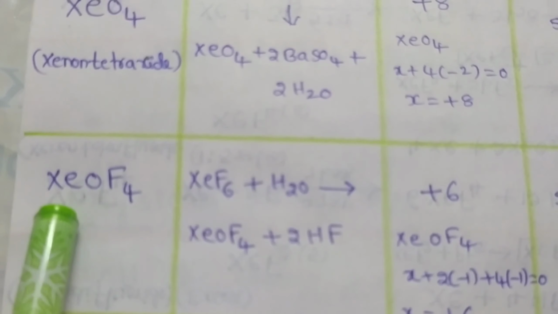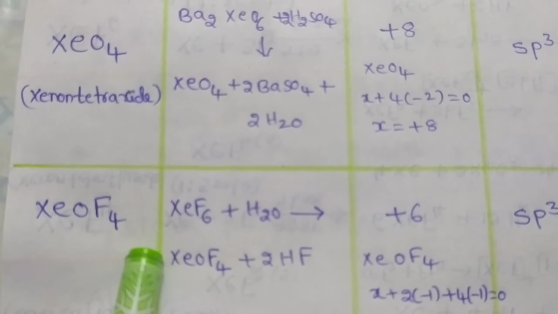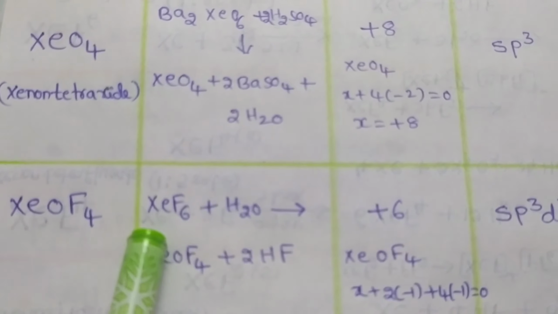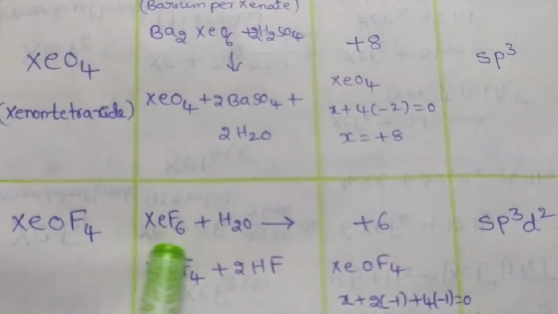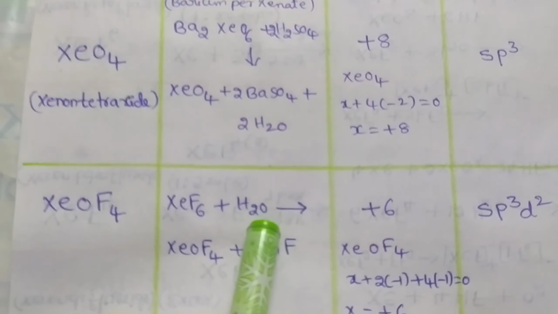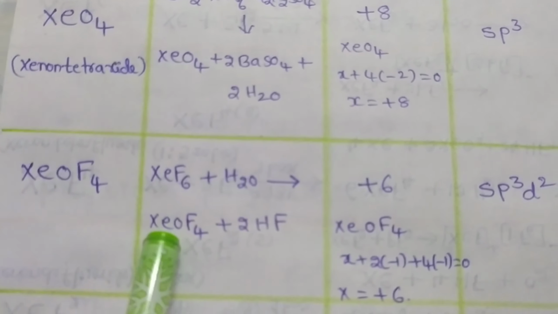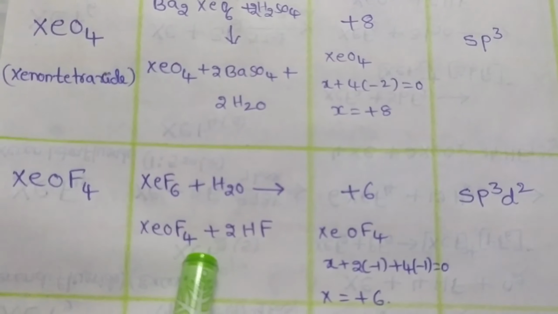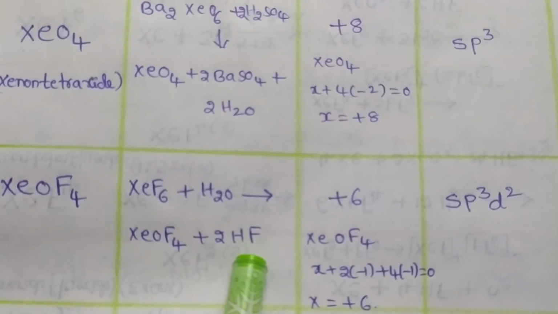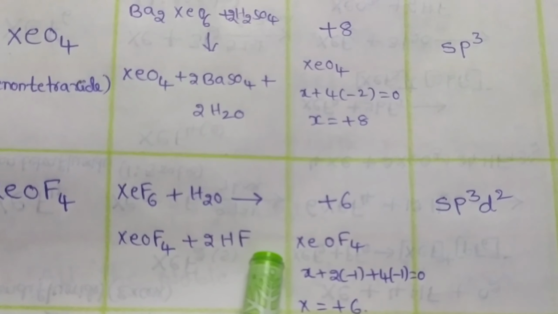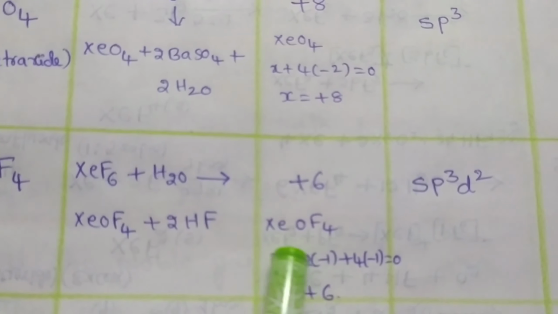Now we discuss xenon oxytetrafluoride, formula XeOF4. Method of preparation: when xenon hexafluoride undergoes partial hydrolysis with 1 mole of water molecule, it forms xenon oxytetrafluoride, and hydrofluoric acid is also formed as a final product.